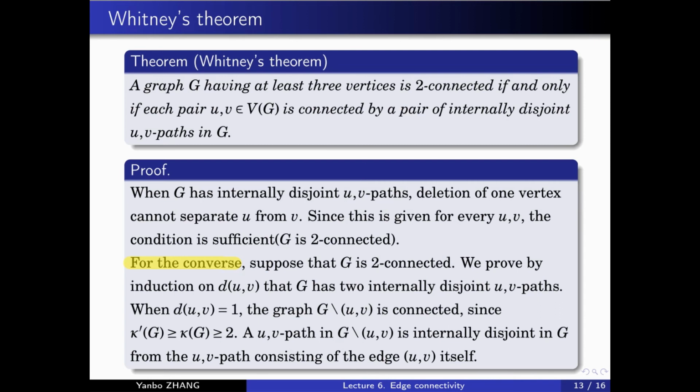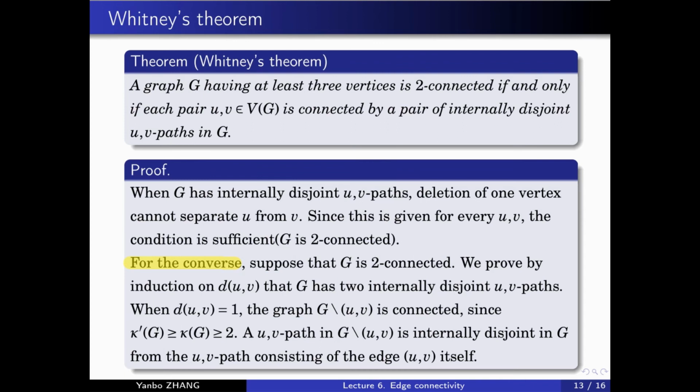We need to prove that every pair u, v is connected by a pair of internally disjoint u-v paths. We prove by induction on the distance of u, v, d(u,v), that G has two internally disjoint u-v paths.